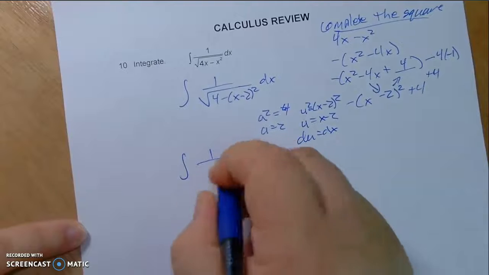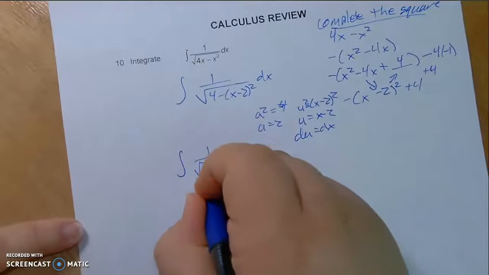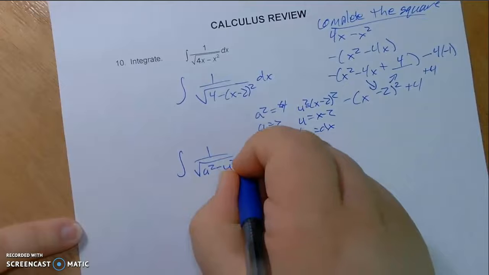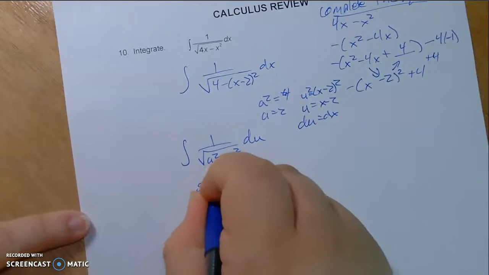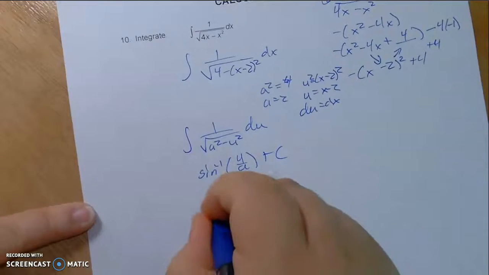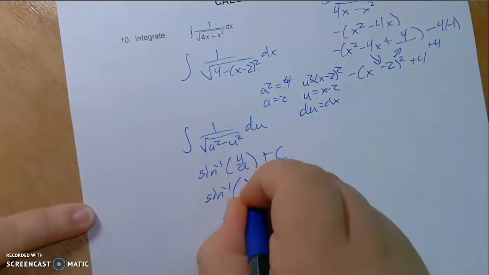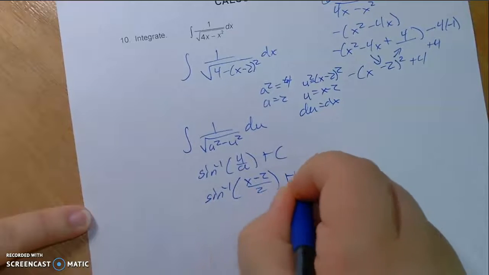Get the integral of 1 over square root of a squared minus u squared du, which is inverse sine u over a plus c. So inverse sine of x minus 2 over 2 plus c.